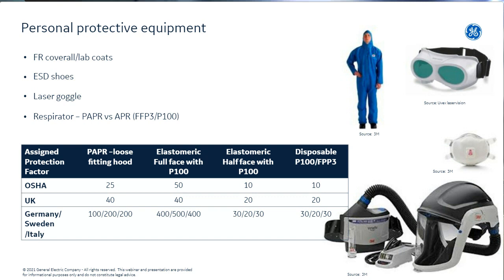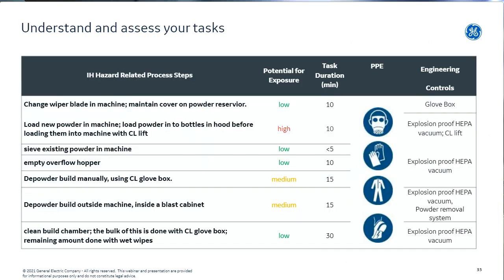So if you want to have the same level of protection, you maybe have different requirements from different areas and different countries. Also, it's not just about applying PPE, understanding the specific tasks is also important.